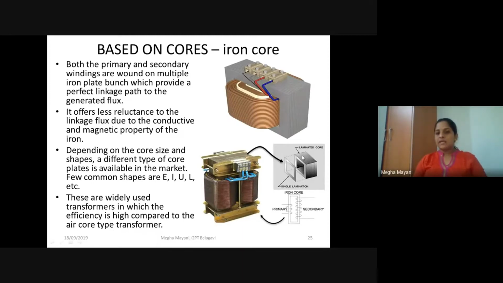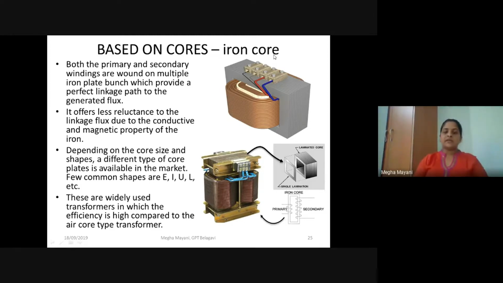So you can see here in the figure inset, the core which is used of iron type is in the laminated form. Okay, and you have this showing for an example step up, where the primary winding has less number of turns compared to secondary. So these are more efficient compared to the air core type of transformer. So this is regarding iron core transformer.